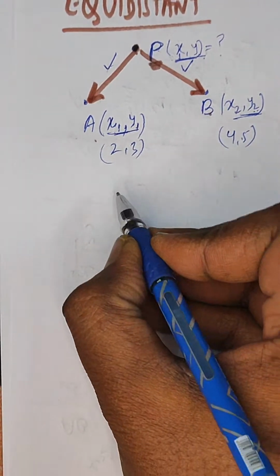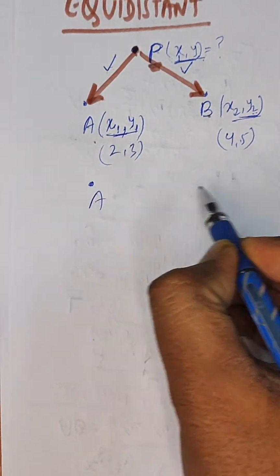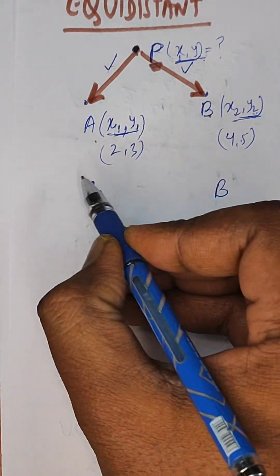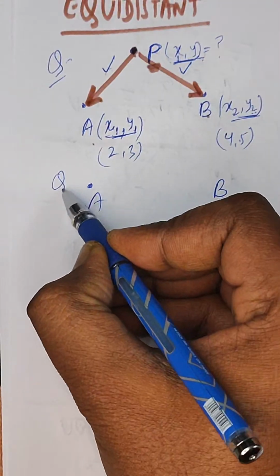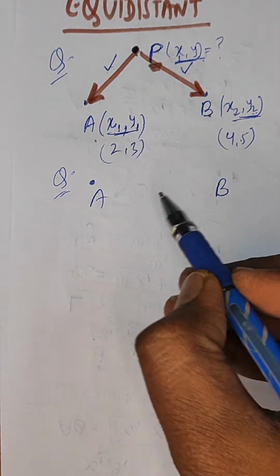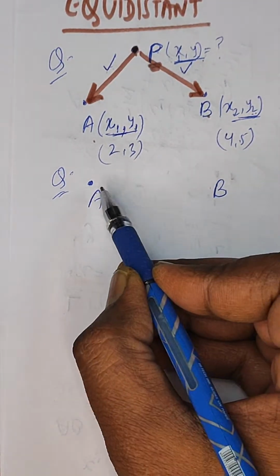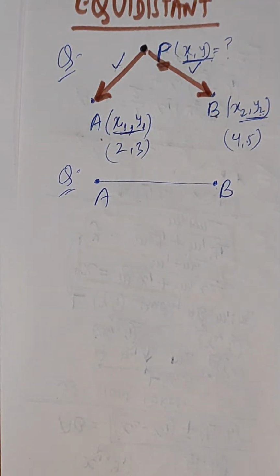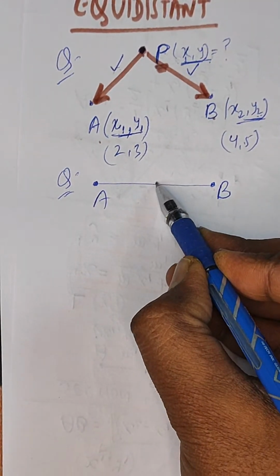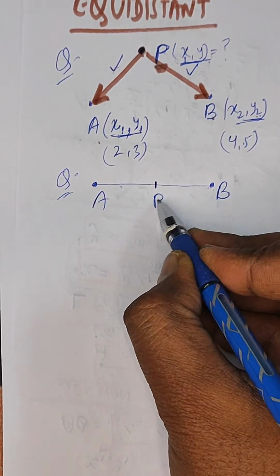And this can also be a separate question: if the coordinates of A are known to you, and B is given to you, right, then what is the coordinate of the point which is dividing A and B into the same ratio?